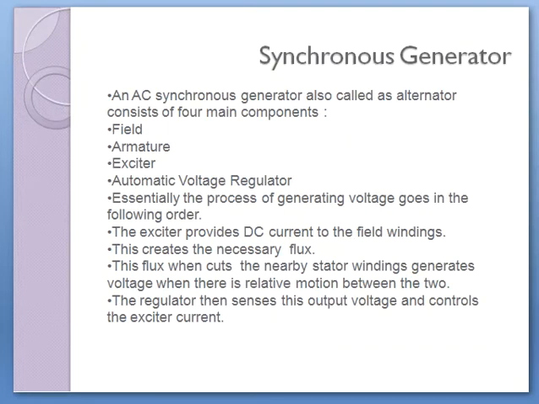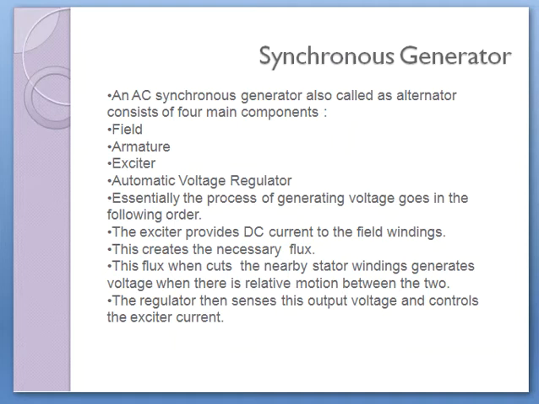Now, in a simple generator which produces an alternating current, the current produced is not very large since the strength of the magnetic field is not very large. The principle of electromagnetic induction may be used to produce a magnetic field of much greater strength. If a conductor is wound around a piece of metal such as iron or steel and current is passed through this conductor, a magnetic field is produced around the assembly.